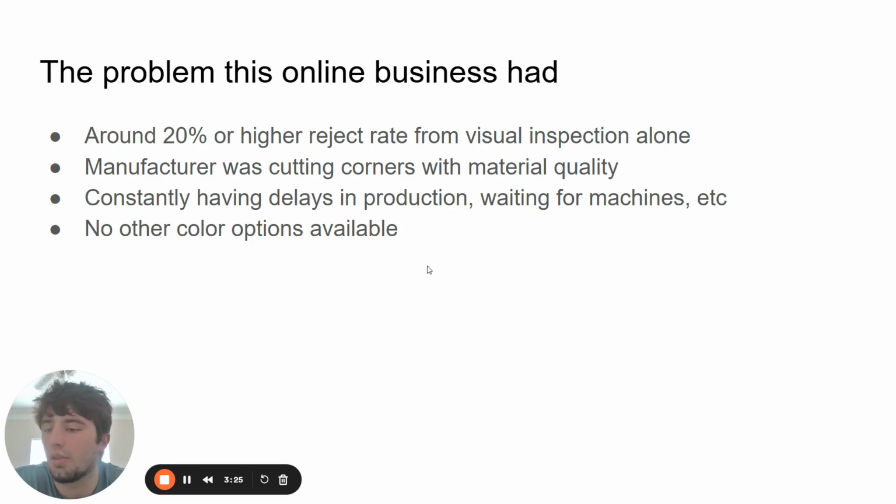But he transitions to the supplier who's in the United States. And this was not somebody who, in my opinion, was a really reputable manufacturer. They had the machinery, but they weren't a very well-established, very reputable manufacturer. And he ran into a whole host of issues when he did this.